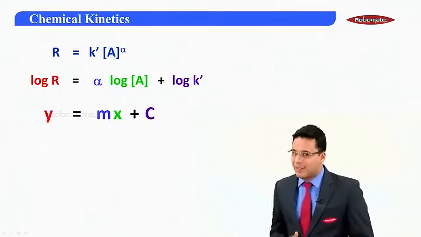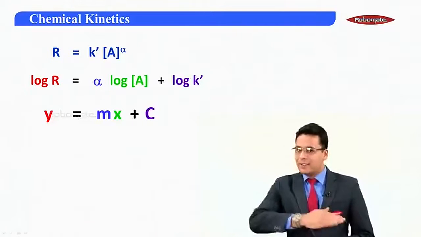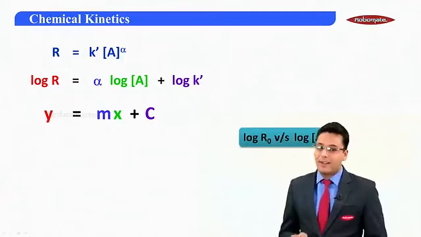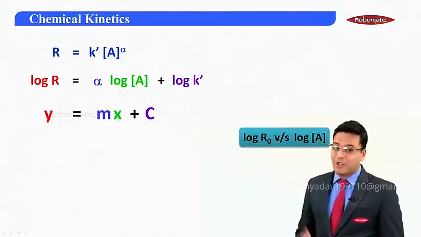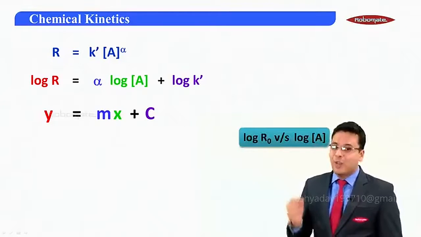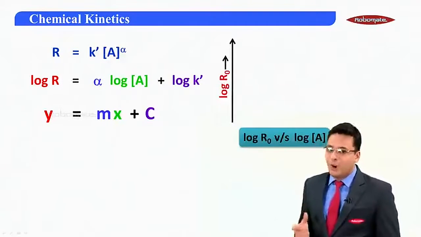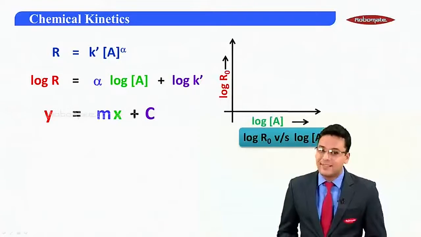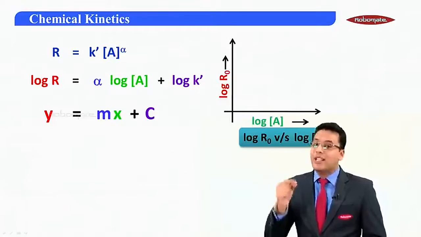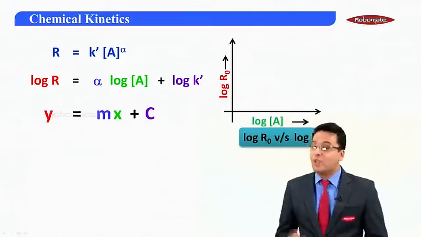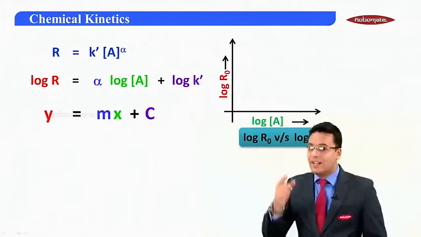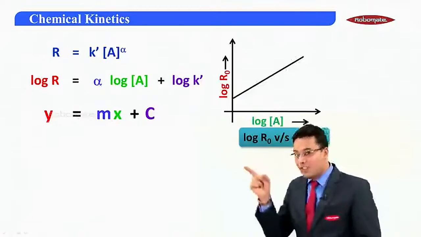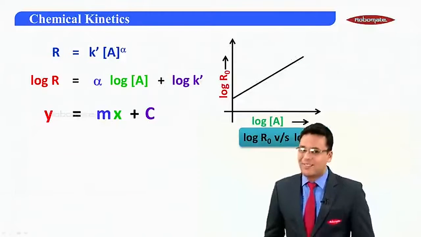So when we plot a graph, we plot y versus x. We'll do the same thing here. We'll plot log of R versus log of concentration of A. So when you plot log of rate versus log of concentration of A, as you plot the initial values of concentration of A and the rate, you will get a straight line with an increasing slope, because slope in this case is positive.